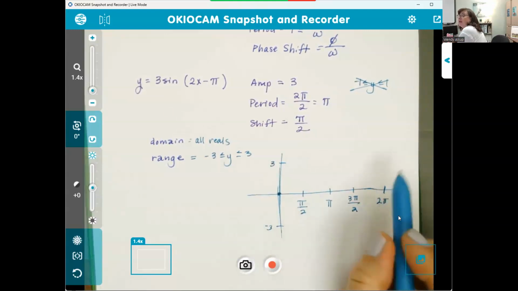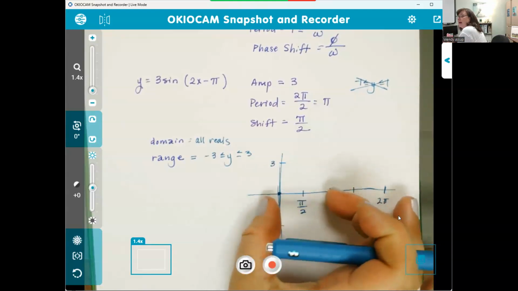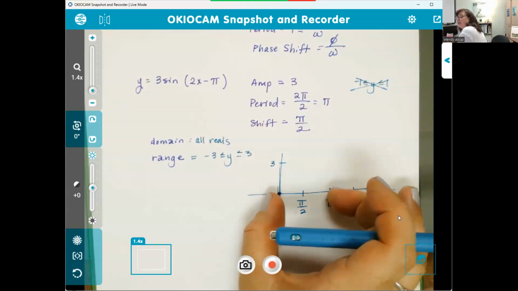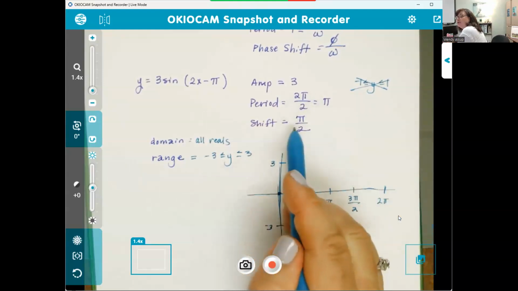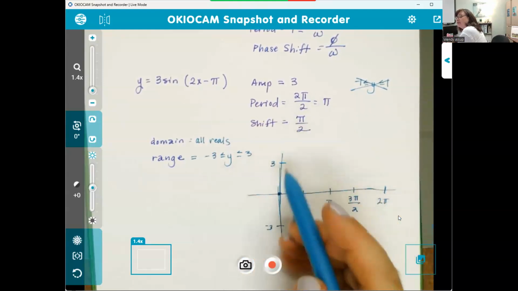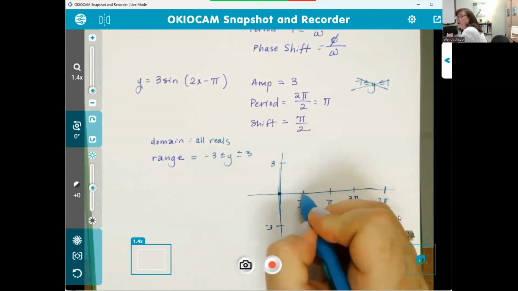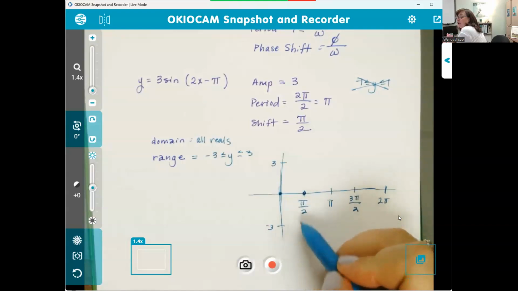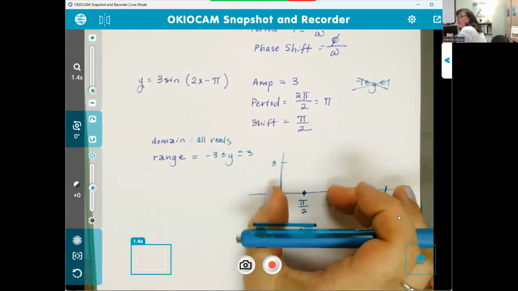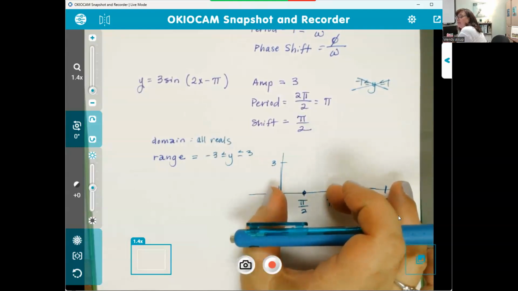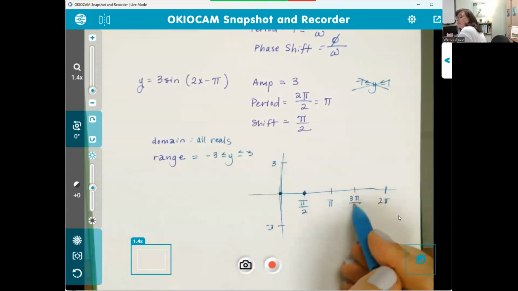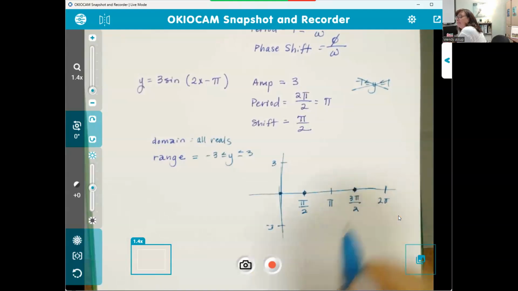But we're squeezing it in, so we're just going to be between 0 and pi, repeating every pi units. However, we're also shifting over pi over 2. So instead of starting at 0, I'm going to start at pi over 2 and go pi units from there, all the way to 3 pi over 2.